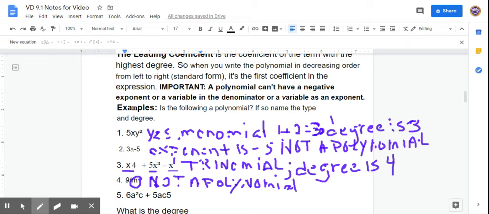So you have 2 terms. 2 terms is a binomial. So this is a binomial. The degree of the first term is 3, 2 plus 1. And the degree of the second term is 1 plus 5, which is 6. The larger number is 6, so this has a degree of 6.